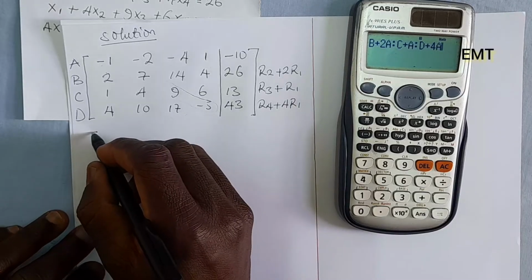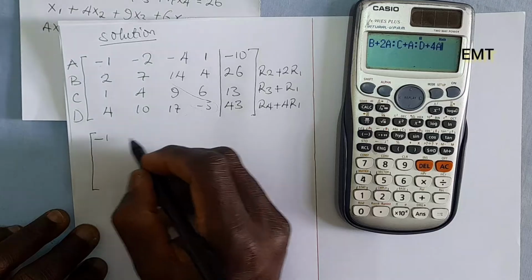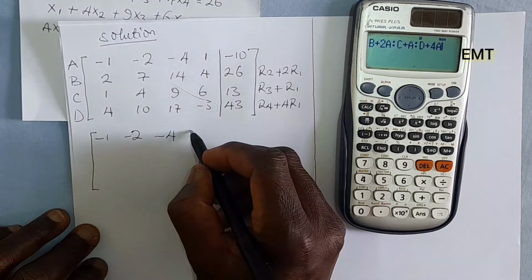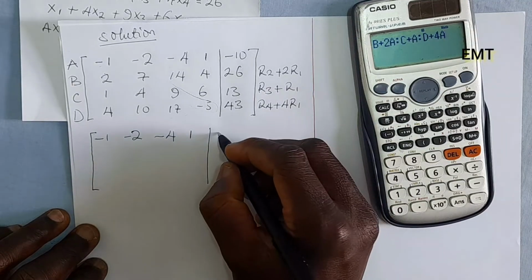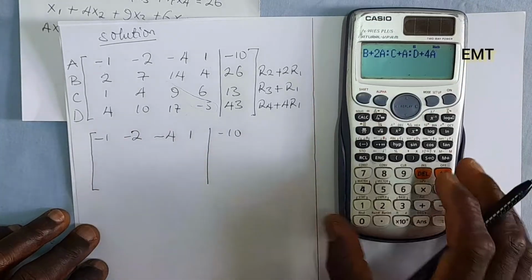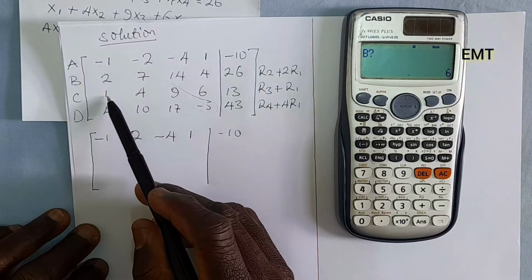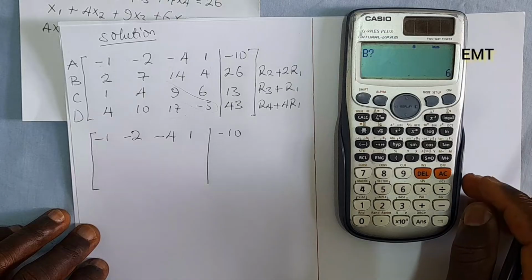Now we write our second matrix. Remember, we are not going to do an operation on row 1, so we take it the way it is, just exactly. Nothing will change. But for row 2 now, we ask the calculator to calculate for us. When B is 2, C is 1, D is 4, and A is -1.